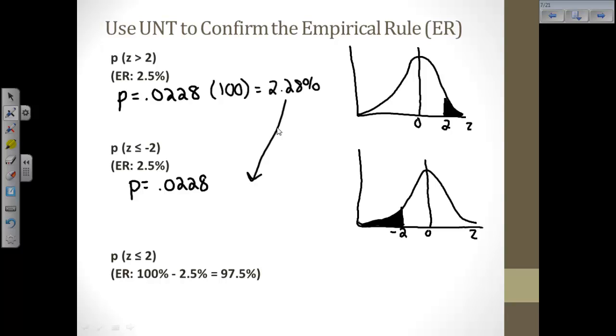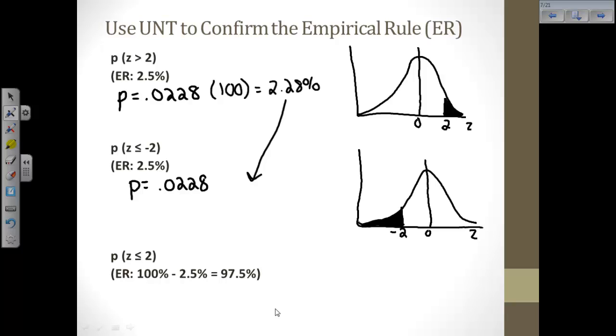Same here. Now let's look for the probability of randomly selecting a score less than or equal to 2. Well, according to the empirical rule, 2.5% of scores are greater than 2. So if we do the flip side, kind of like the complement rule, and take 100% minus 2.5%, everything that's left, less than or equal to 2 or not greater than 2, 97.5%.